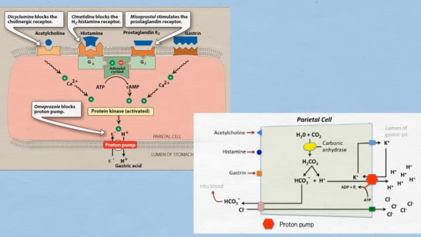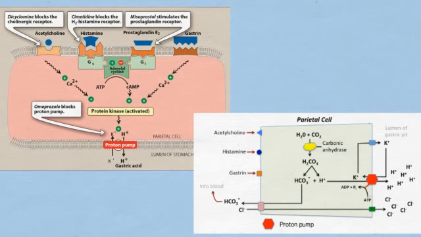So the name proton pump is due to the fact that its function is to pump protons into the lumen of the stomach. The important thing to remember is that this proton combines with the chloride in the lumen, and they are not secreted together from the parietal cells.